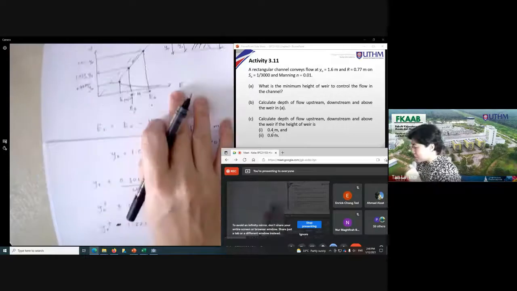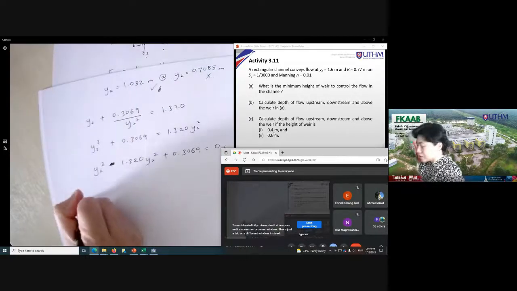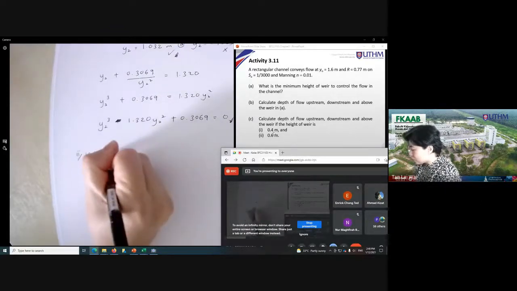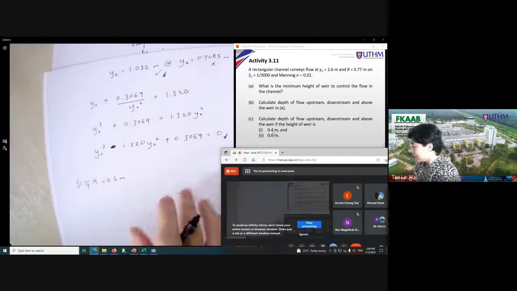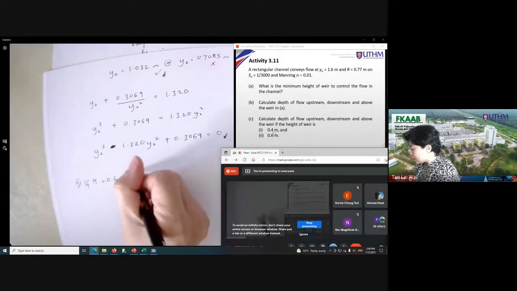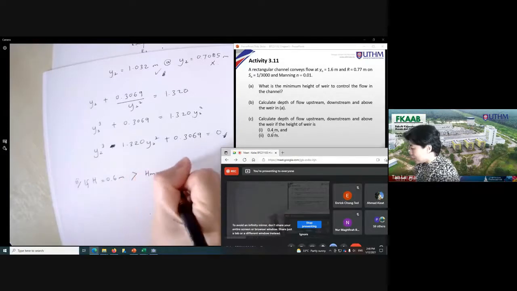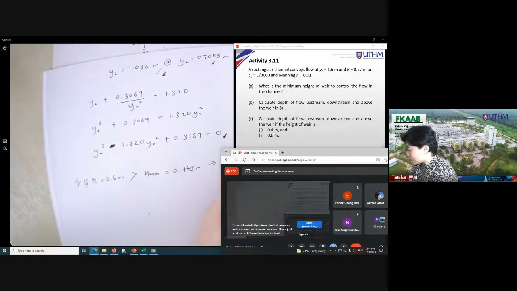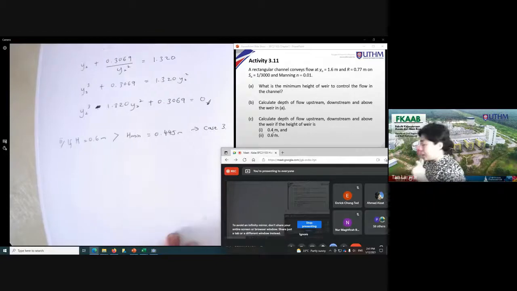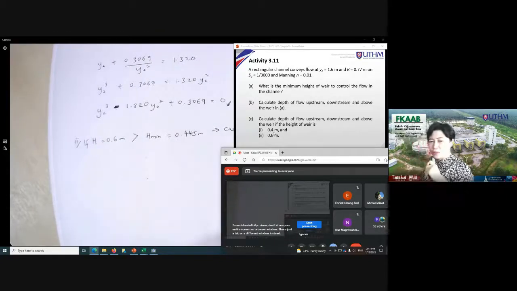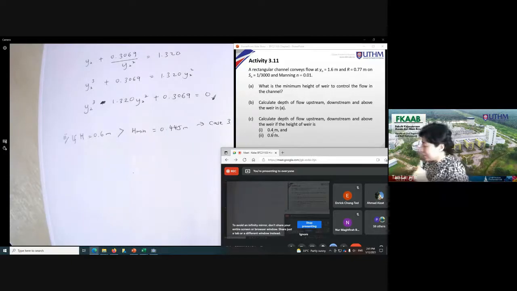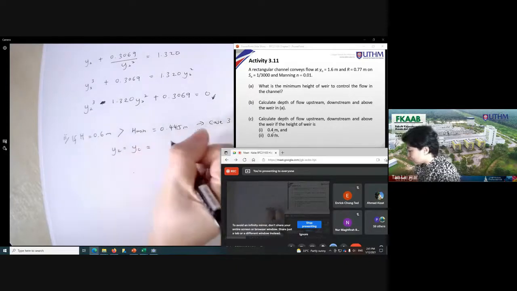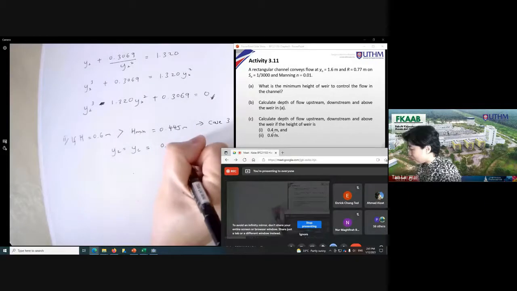Now for C2, the second part of the question, if H equals 0.6 meter, therefore this is greater than H mean, which is 0.445 meter. This is our case 3. Now for case 3, the one that I know is y2 equals yc equals 0.8499 meter.